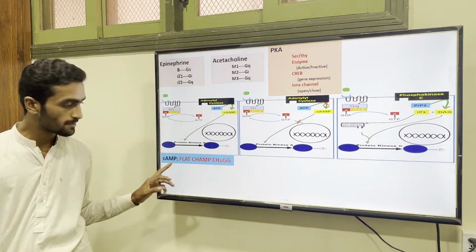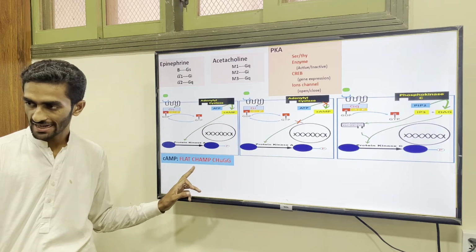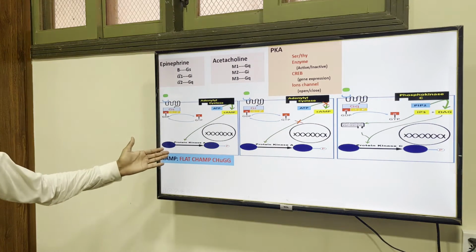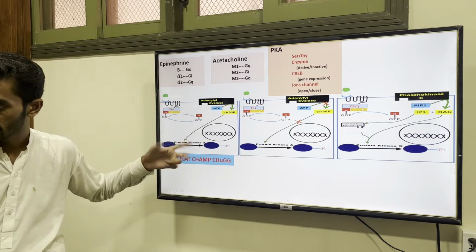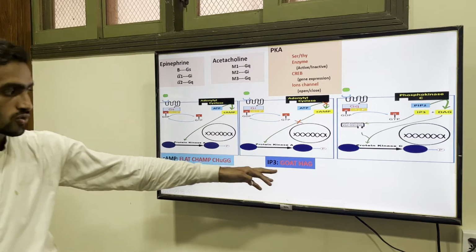So now look at cyclic AMP. For cyclic AMP, just remember FLAT, CHAMP, CHUG. These are hormones which use cyclic AMP as the second messenger. And IP3 is the GOAT HEG.